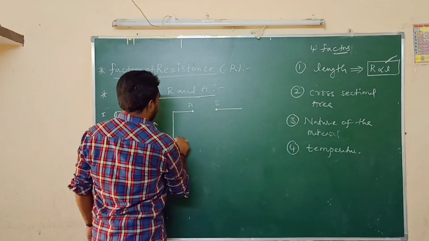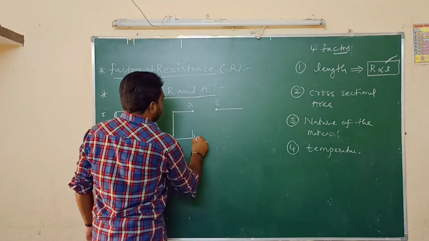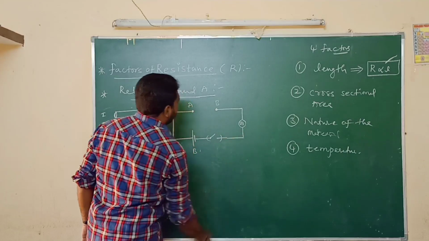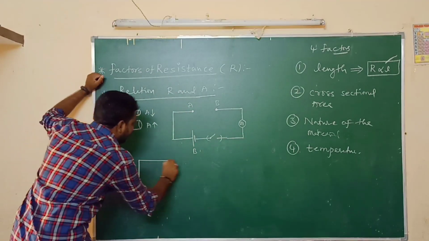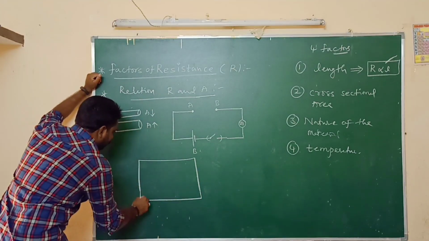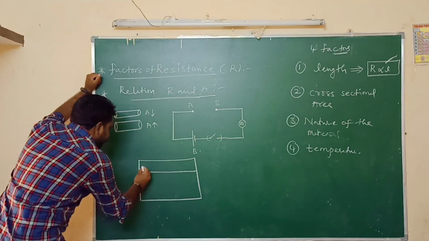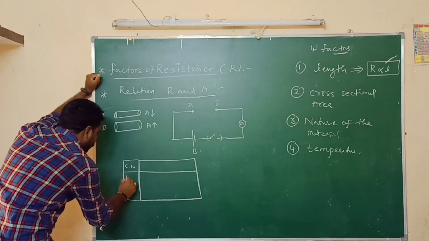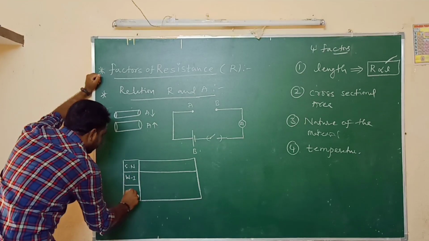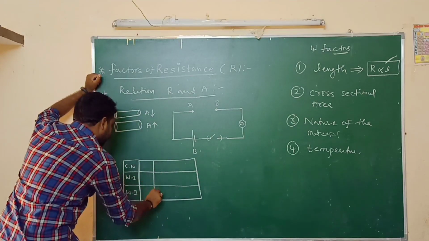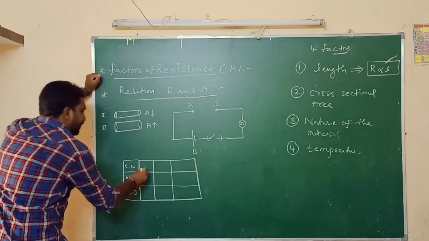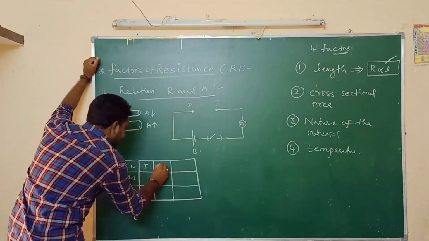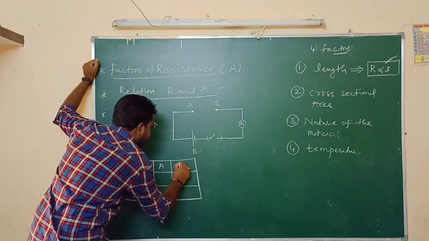So A and B. Again I am going to construct one cell, a switch, and an ammeter. In the observation we need to construct the same table here: serial number, Y1 and Y2, the reading of ammeter, that means current, and next we need to write the values of cross sectional area, and the last one is resistance.